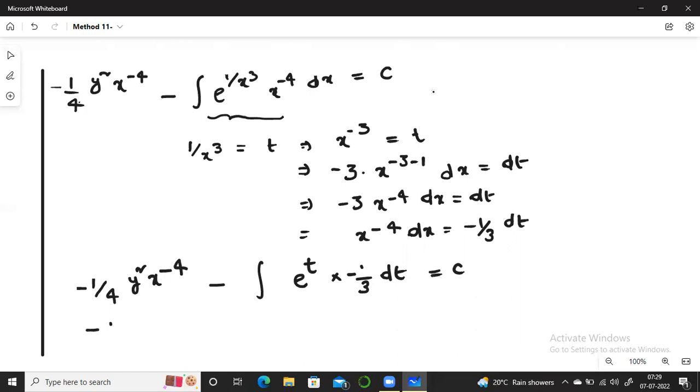Minus 1 over 4 y square x to the power minus 4 minus, see, this minus into minus plus, 1 by 3 is constant I am taking out, e power t dt, e power t only is equal to constant.